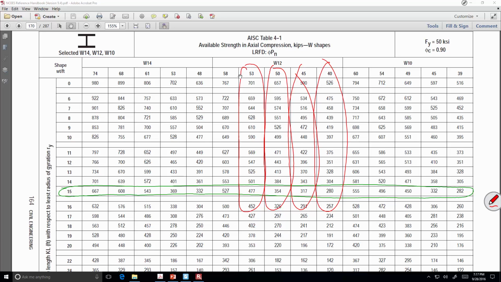Now, right off the bat, what's our factored load? 476, or 470, right? Can we use a W12 by 40? No, it's too weak. What about a W12 by 45? What about a W12 by 50? What's the answer? Simple, right? Not too bad, right?